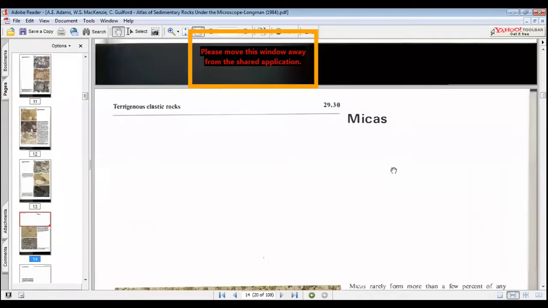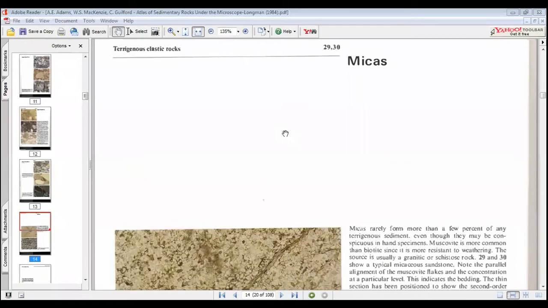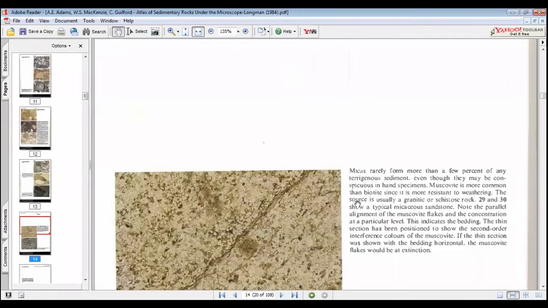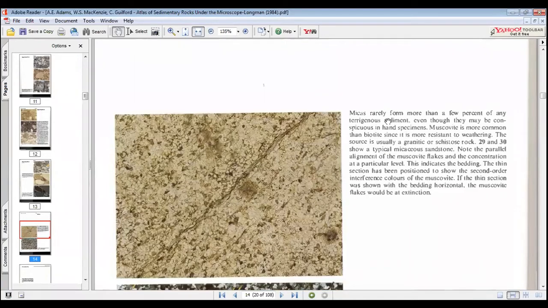Then comes another important mineral that is found widely in sandstones and also in clastic sedimentary rocks. We call this one micas. Micas are divided into two further groups. One is called muscovite, and the other one is called biotite.